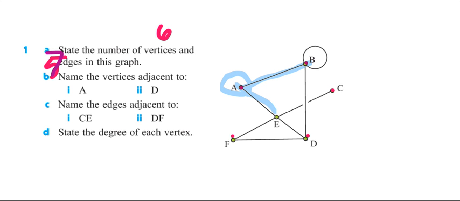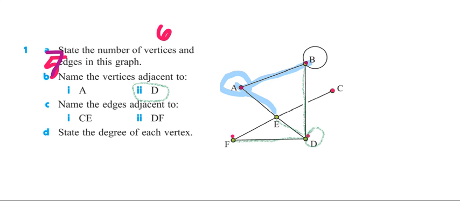So the adjacent vertices to A will be AE and AB. Now talking about the adjacent vertices to D. For D, we will have DB, DE, and DF. Let's move forward.